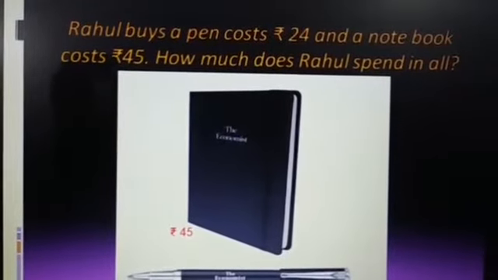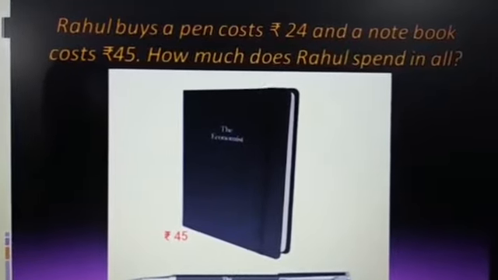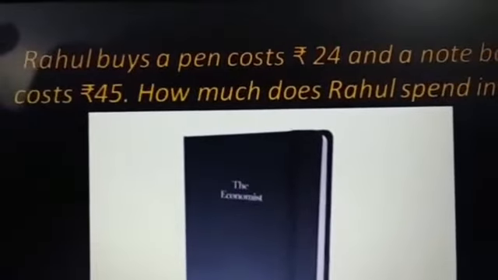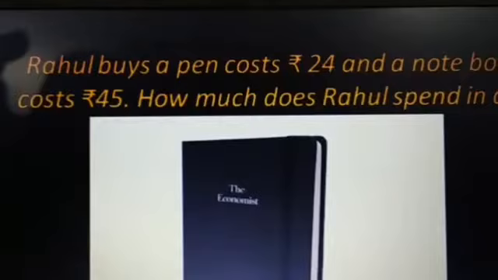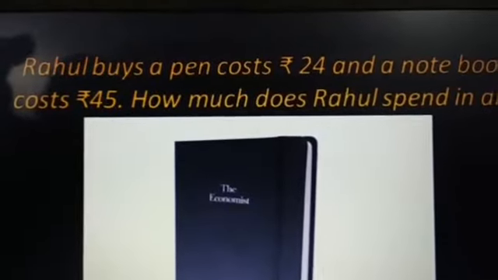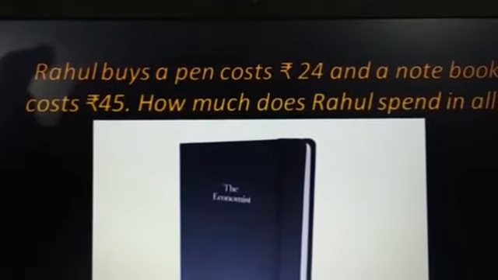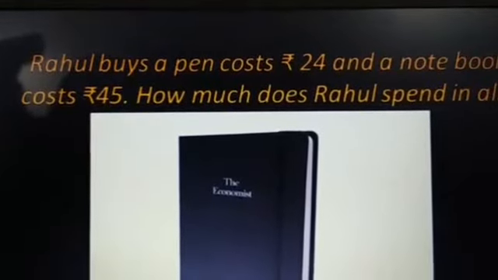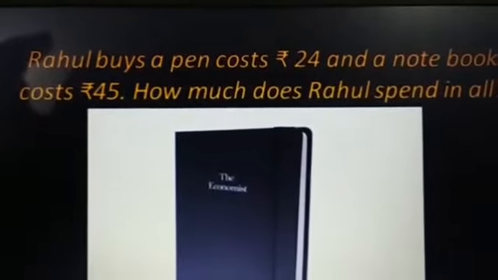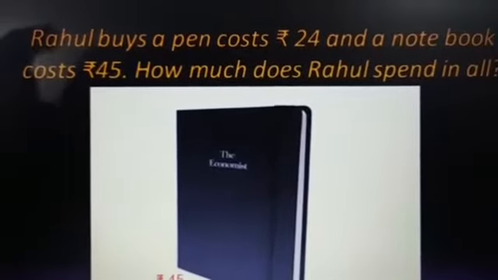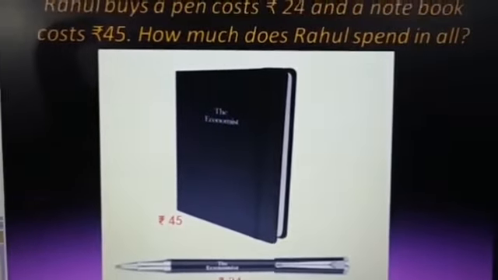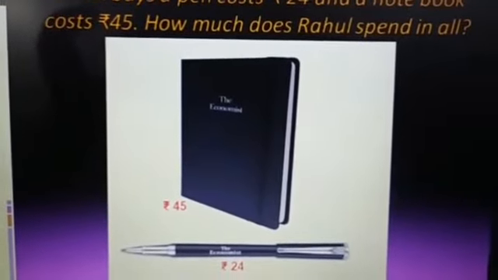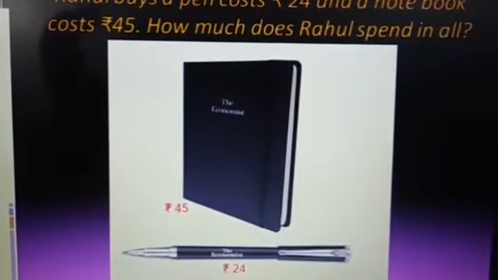Now let's start what is on our screen. Question is, Rahul buys a pen cost 24 rupees and a notebook cost 45 rupees. How much does Rahul spend in all? So you can see Rahul buy a pen and a notebook. Price is given over here.